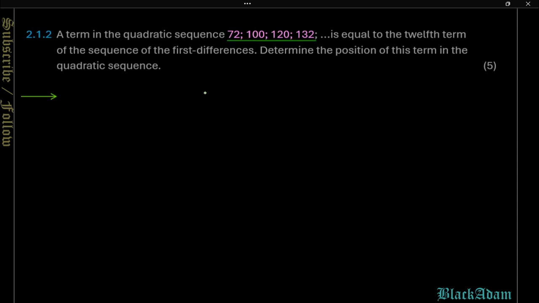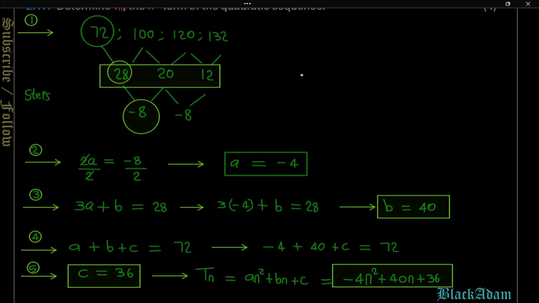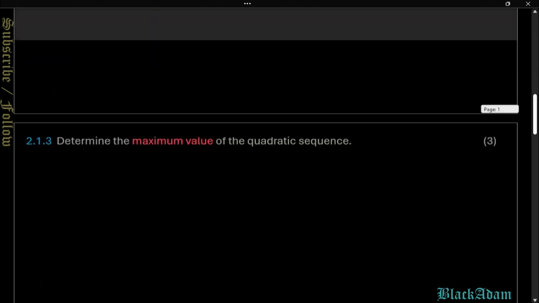We have 72, that's our sequence there. We're required to find the 12th term of the first differences, and the position. That's our information there. So remember to pause and go through the equation.